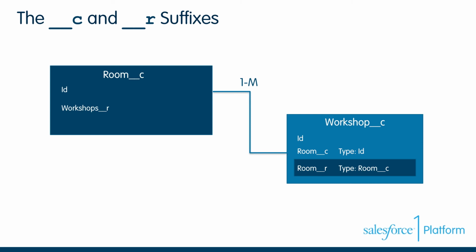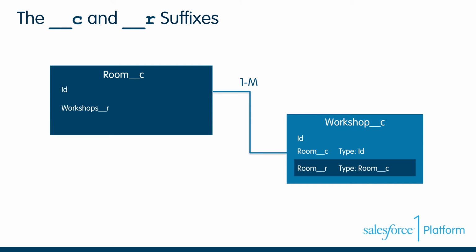And on the flip side, you get something added into room, and it's kind of the inverse relationship. It also gets an __r suffix, and the name of it is usually the plural of your object. So in this case, it's workshops with an S, __r. So this is the reverse of the relationship.